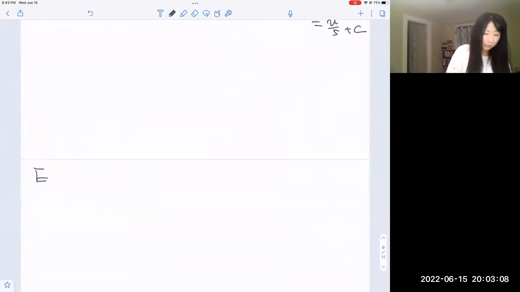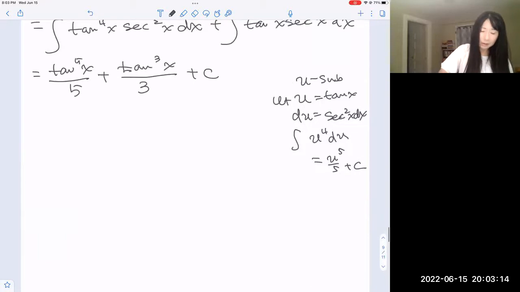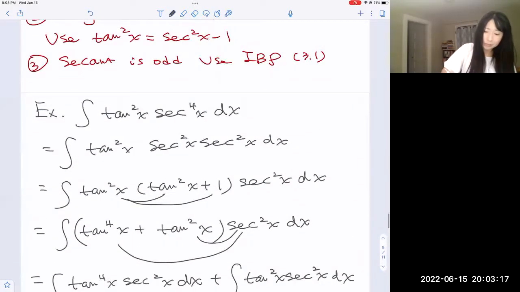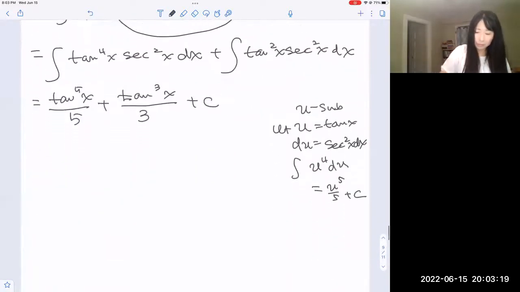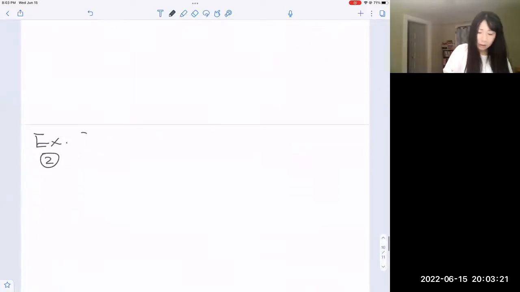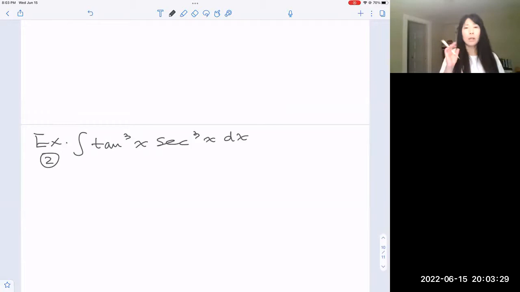Okay, now we have tan cube secant cube dx. Okay. All right.